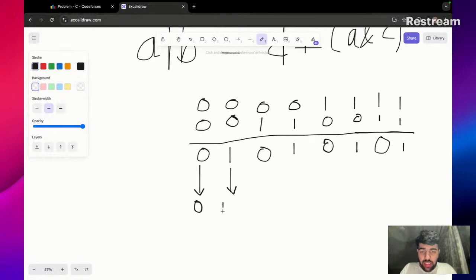So we can just write I minus 1th bit has to be 1. Now, if I have a 0 and a 1, if I make A's bit a 0, both will be 0. If I make it a 1, I'll have a 1, right?